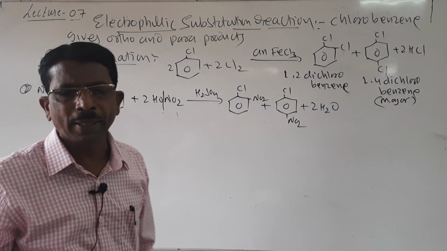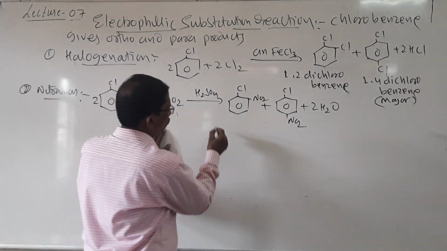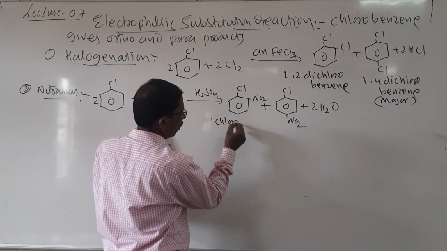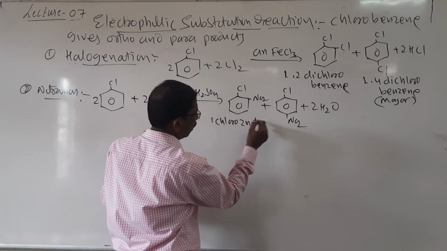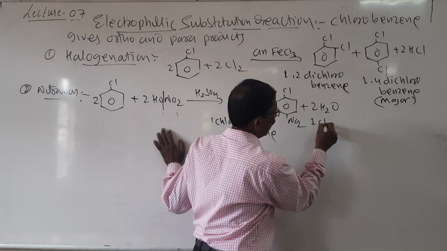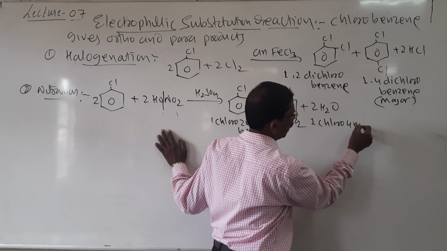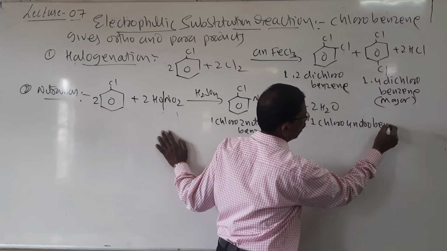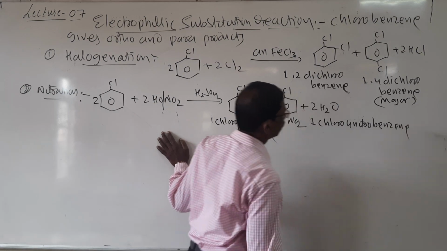So what is the name here? It is called 1-chloro-2-nitrobenzene, and here it is 1-chloro-4-nitrobenzene.